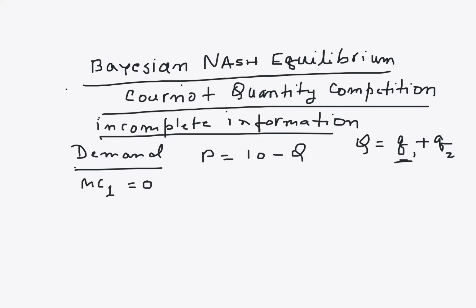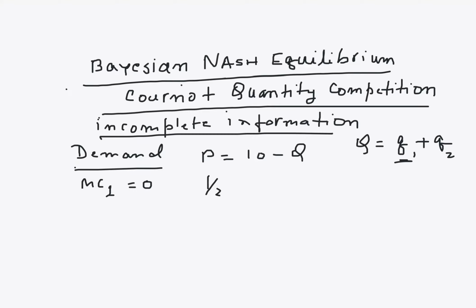So let's say with probability 1/2, firm 2 produces at zero cost, and with probability 1/2, firm 2 produces at a marginal cost of 4, okay?